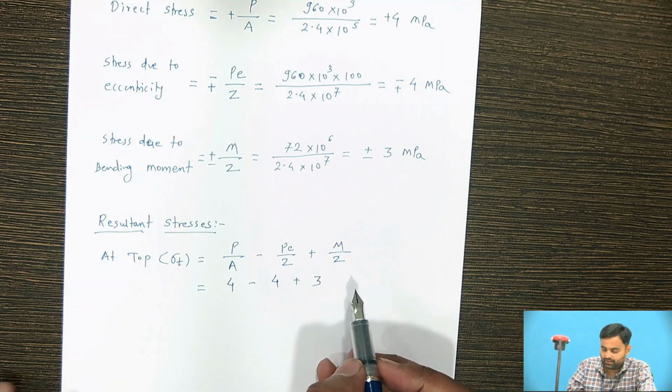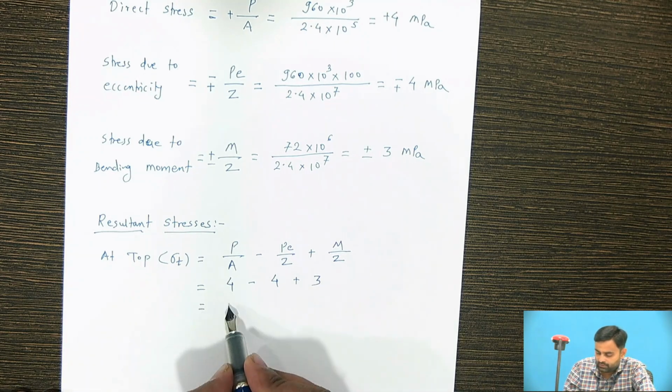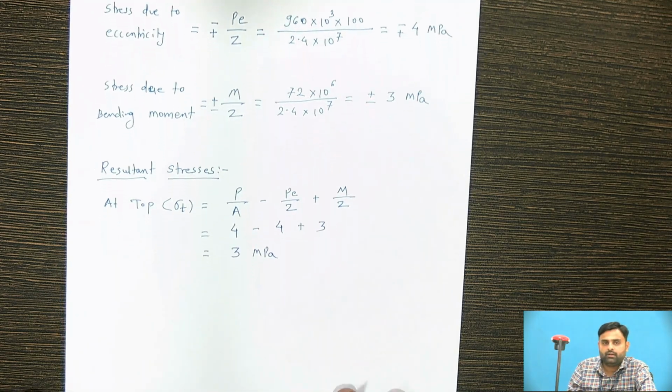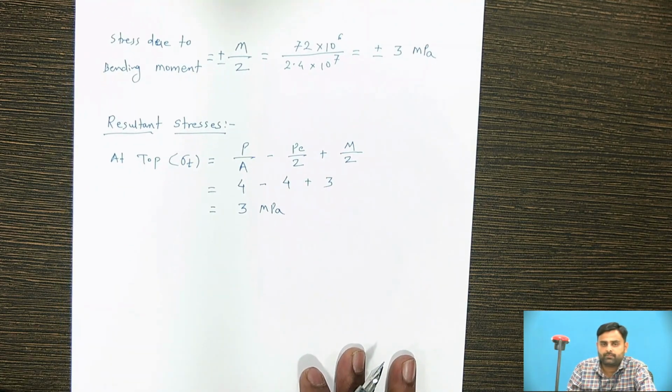So the answer we are getting is 3 megapascal, that is Newton per mm square. This is the resultant stress.